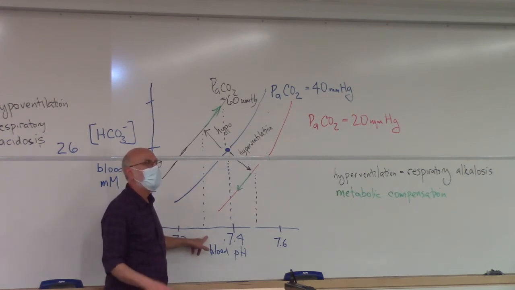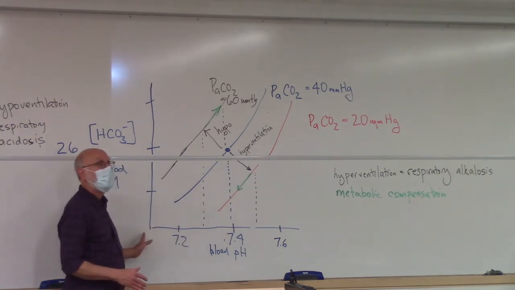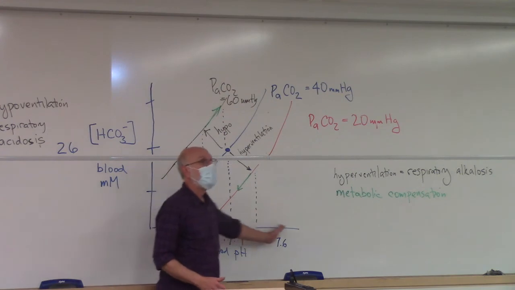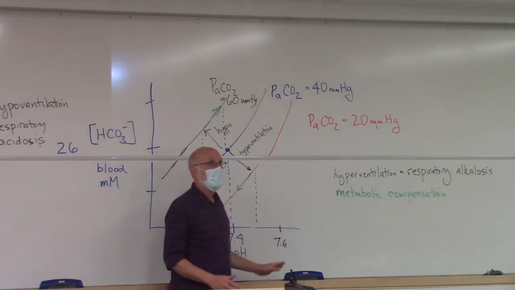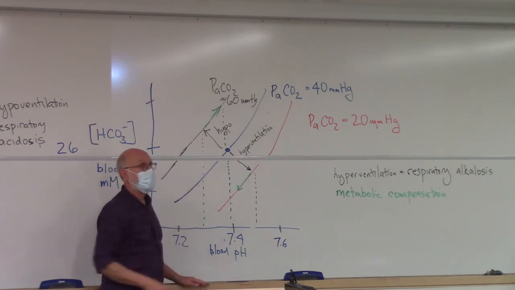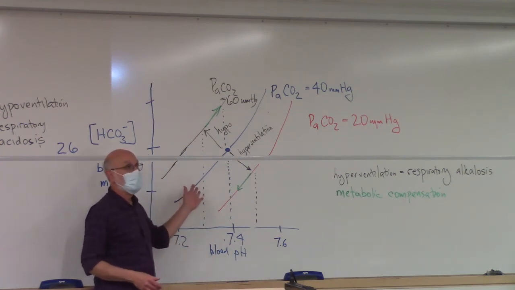And if we get the pH back up in an hour, we're okay. Obviously you can die if you go super low with hypoventilation. I guess you can die if the pH goes too high, but this is normal physiology, normal hyperventilation, normal hypoventilation. This is not a fatal condition.